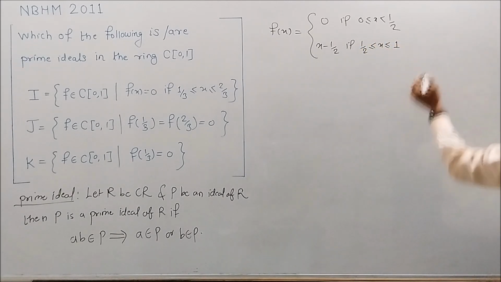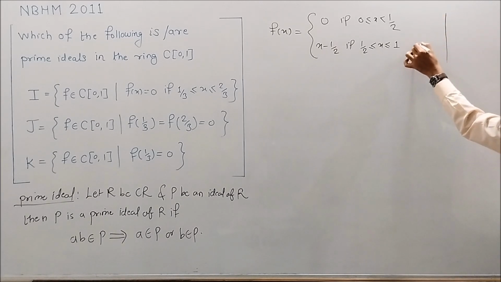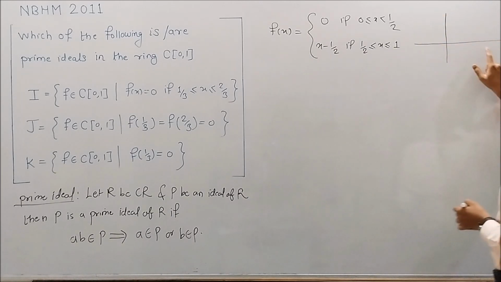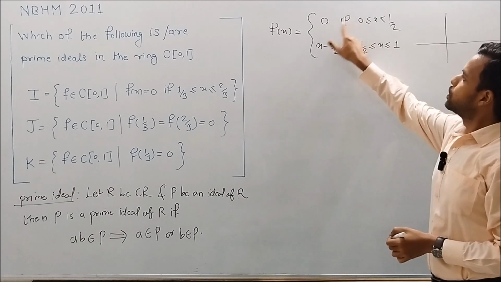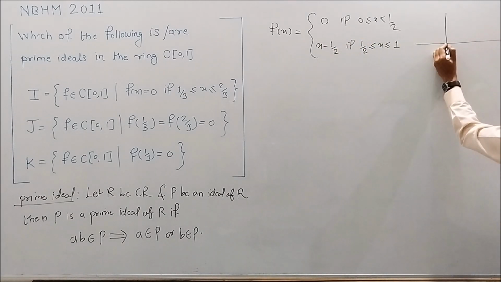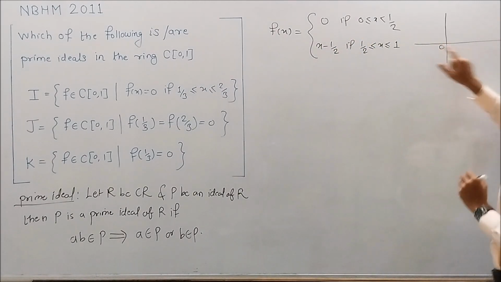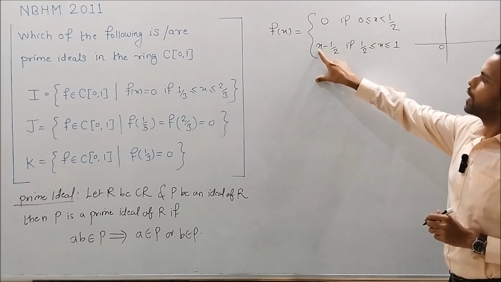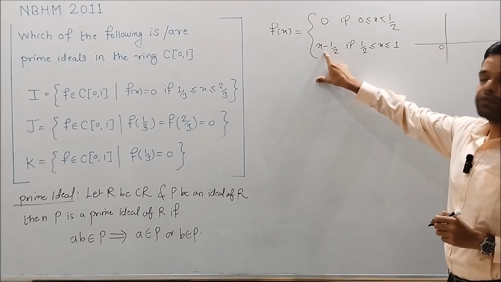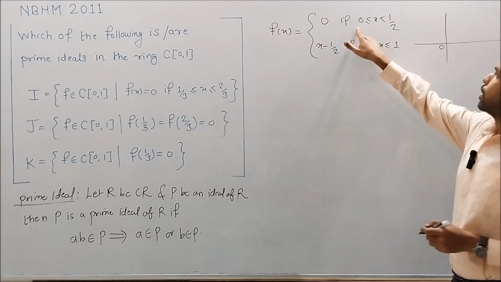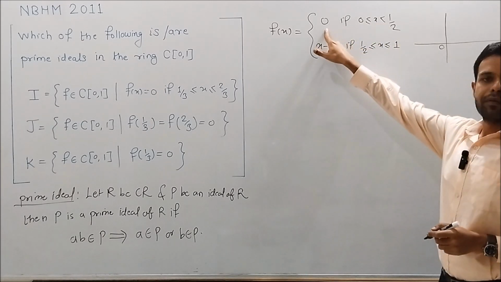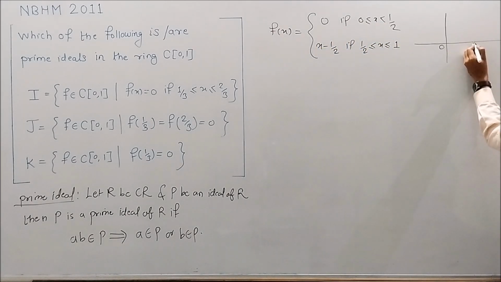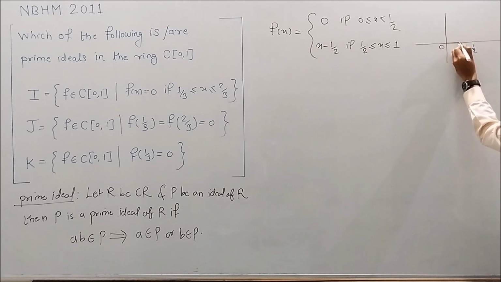Let's draw the graph of this function. At x = 0 it is 0. At x = 1/2 it takes the value 1/2 − 1/2, that is 0, and between 0 and 1/2 it takes the value 0. So from 0 to 1/2 it is just a constant function.